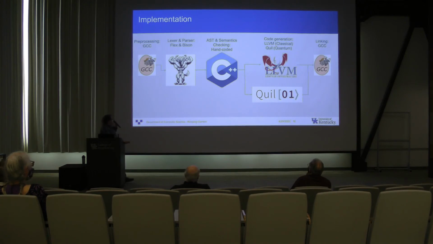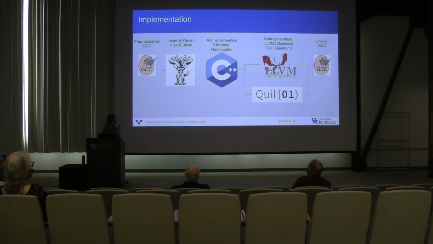Yeah, as for the implementation itself, going through the phases of the compiler real quick. For the preprocessor and linking, the two ends of the stage, there really wasn't much change, so I decided to just invoke GCC to preprocess this for me, or link the final product.